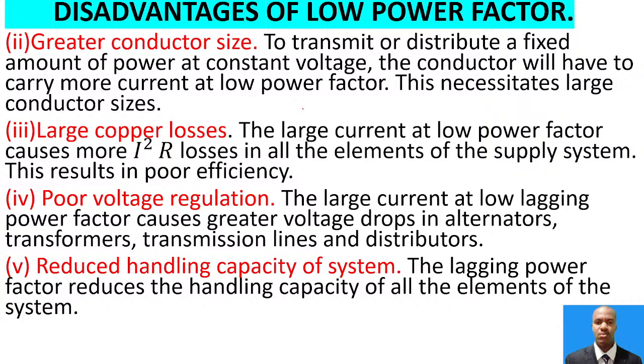With those disadvantages, if you look, the disadvantages are very costly, they are also very key. So if we consider the advantages of improving power factor, these advantages are simply based on undoing the disadvantages of low power factor.